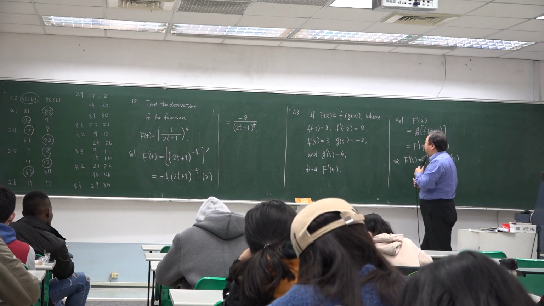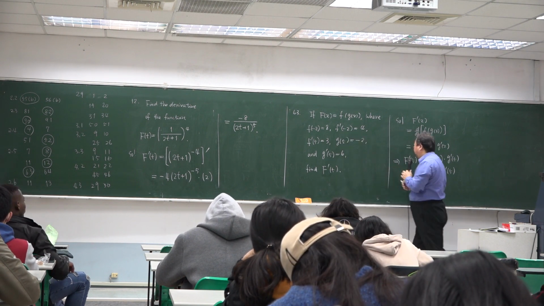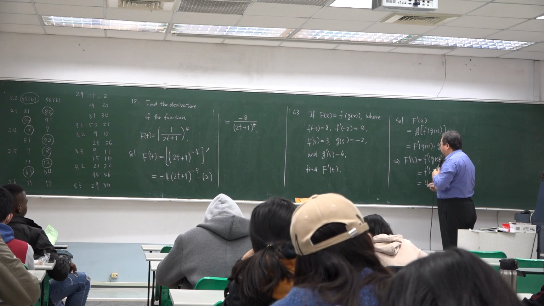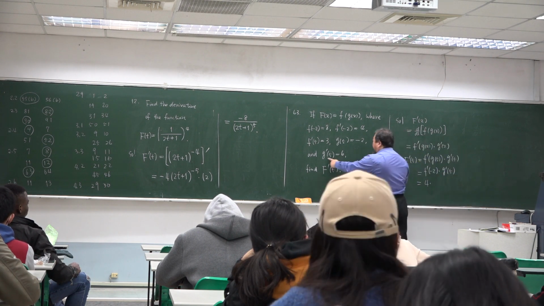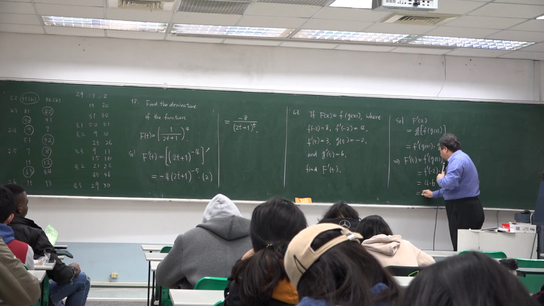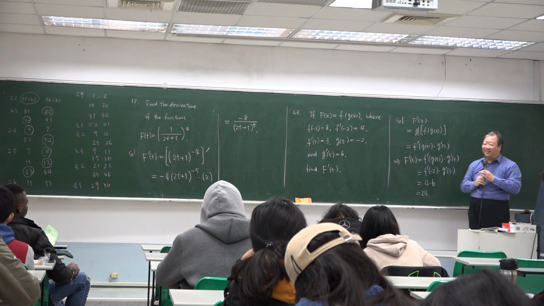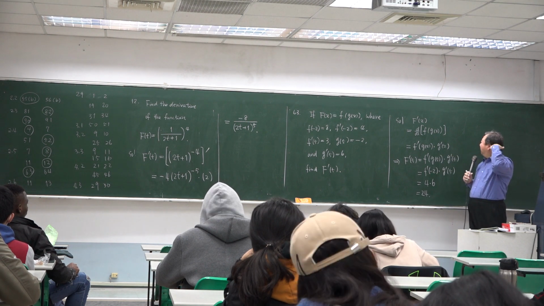F prime of minus 2 is 4. G prime of 5 is 6. So 24, right? By chain rule.